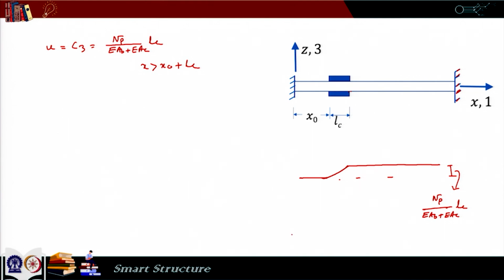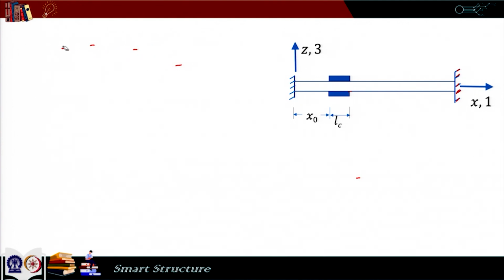Now, if you want to solve this, what we can do is decompose this problem into two sub problems.